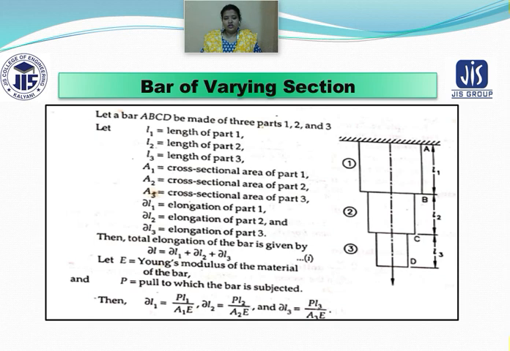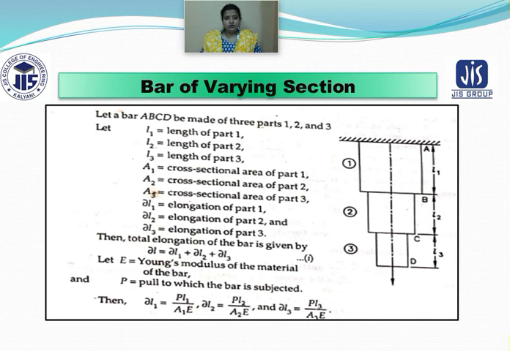That's why the Young's modulus of the material of the bar has been considered as only E. If there were various materials, then the value of E would also change, that is E1 for bar 1, E2 for bar 2, E3 for bar 3. But since the modulus of elasticity is the same for all, there is no change in this portion.